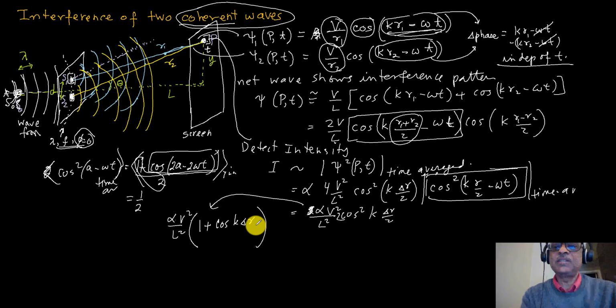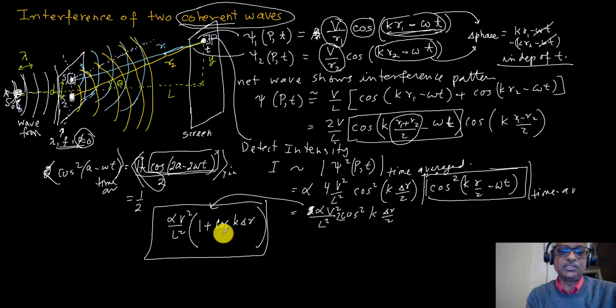Now if you look at what k is over here, intensity is this. Intensity actually varies from position to position. So if I go over here, R1 minus R2 will be different for this point than for that point.